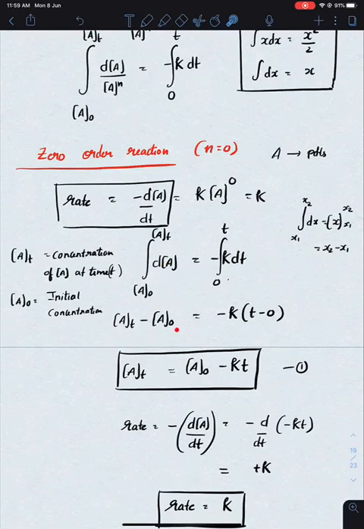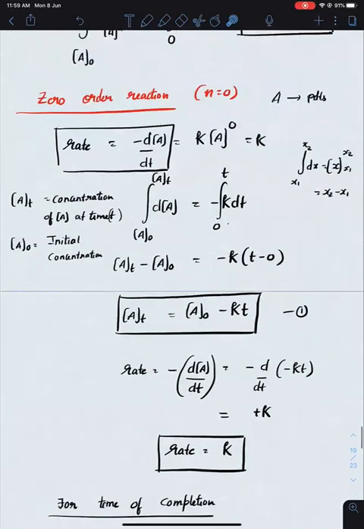It is At minus A naught equals minus k into integral dt. k is a constant, so integral dt will be t. Substituting the limits, it will be t minus 0. It will be minus kt. Or else the expression for concentration of A with respect to time, At equals A naught minus kt. Important, you need to remember this. At equals A naught minus kt.